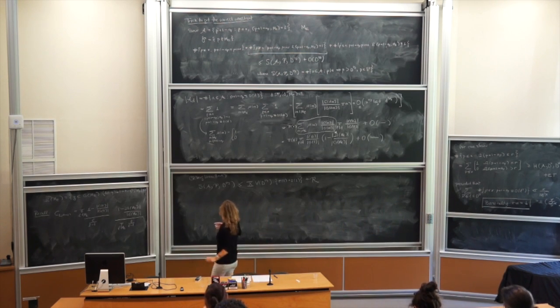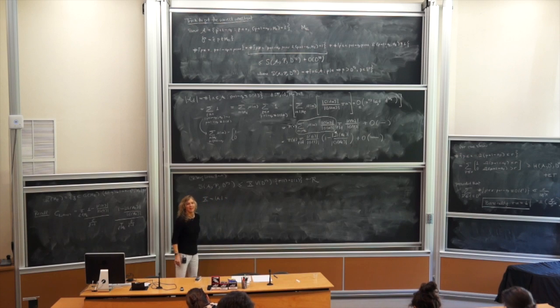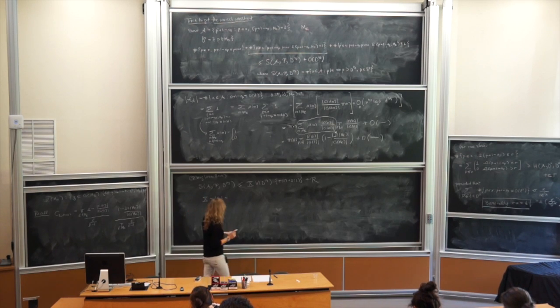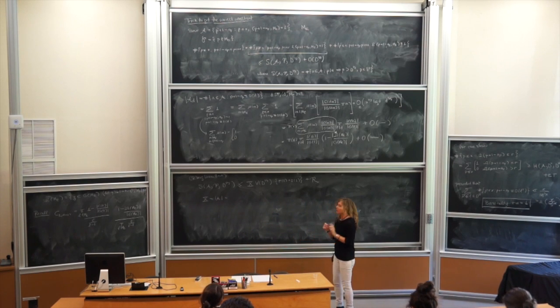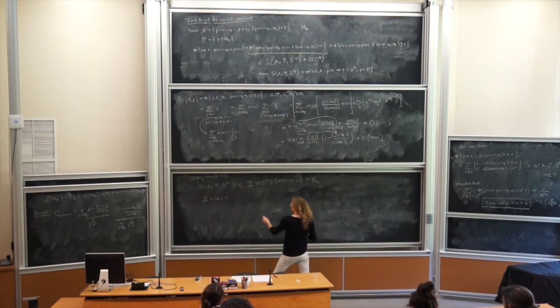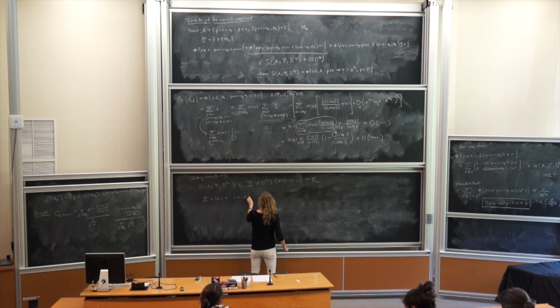But this is just doing a sieve by inclusion-exclusion. If you remember, x is the size of A. And what is the size of A here? The size of A is the set of primes smaller than x such that there's a congruence condition. So the size of A is that. And again, that's not a conjecture. That's just something I computed.